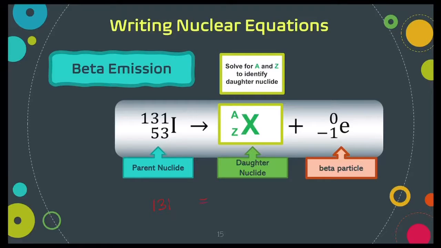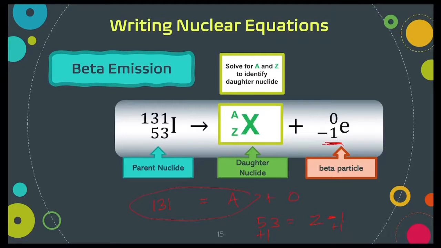131 equals A plus 0. That's the top row. Solve for A. Hopefully you can see that's pretty simple. It's just A equals 131. Okay. Now we're going to look at Z. So we have 53 equals Z minus 1. So solve for Z. Add 1 to both sides.